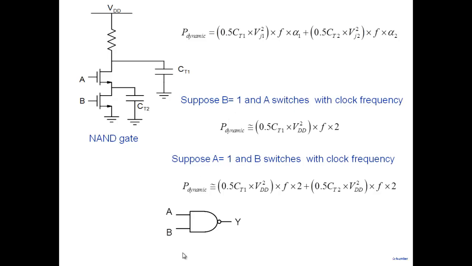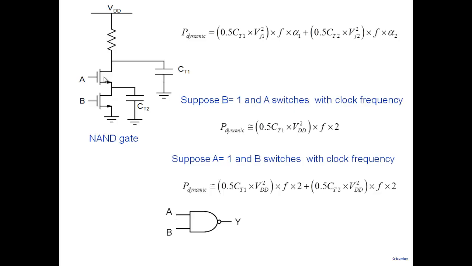In one case, B equal to 1 and A is switching, and you get this power dissipation. In the other case, A is 1 and B is switching. There's a difference between the two inputs here. They're not equivalent. Logically, they're equivalent. Whether I put A equal to 1 or B equal to 1, logically they're equivalent. But not circuit-wise. A and B are distinct.